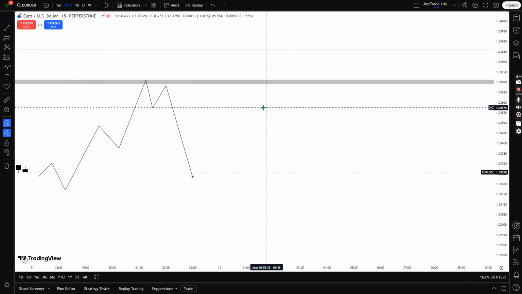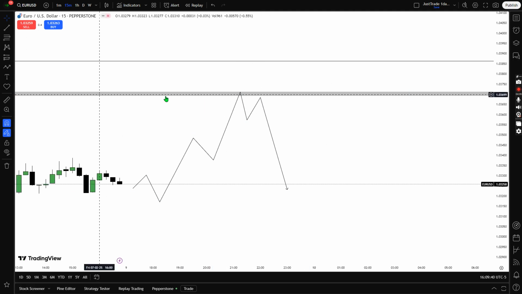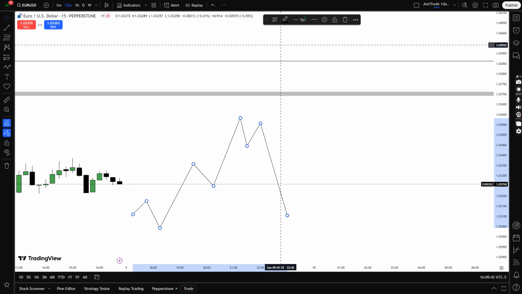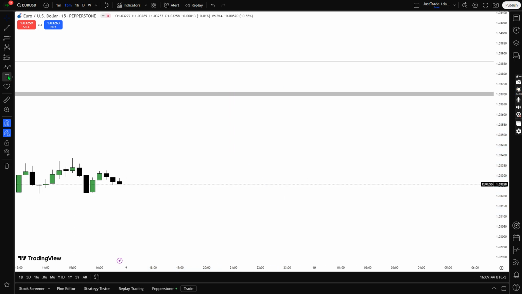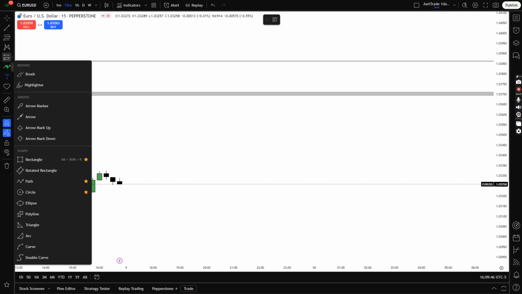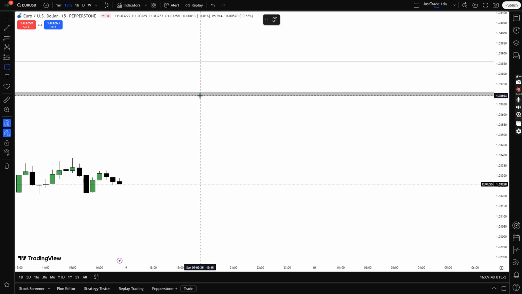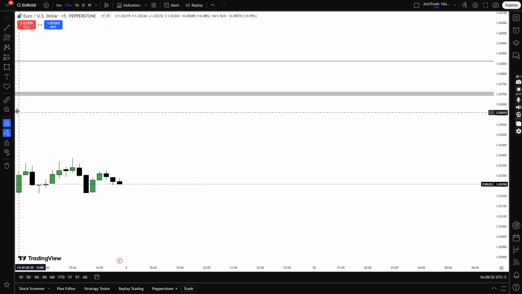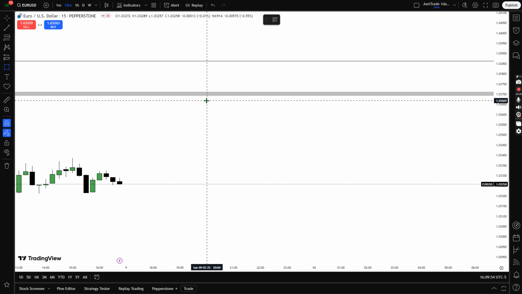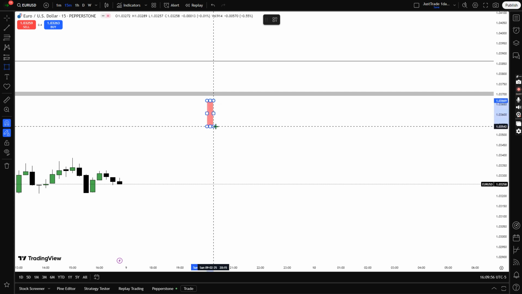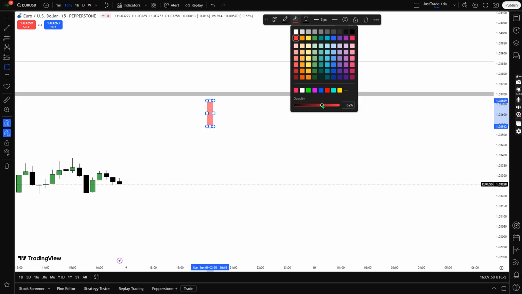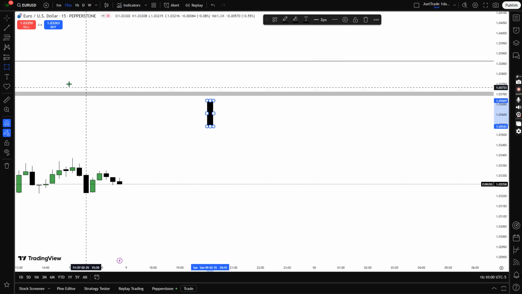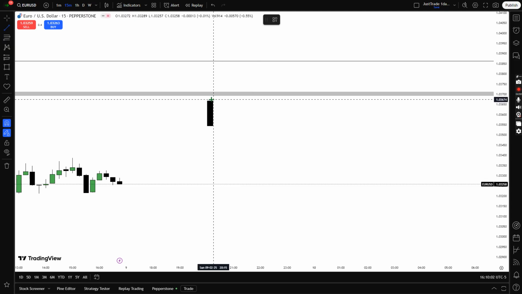So this might be a scenario. We see price coming up here, then once it is up here at this level, maybe it reaches the level and then goes like this, okay, so it goes down strongly.